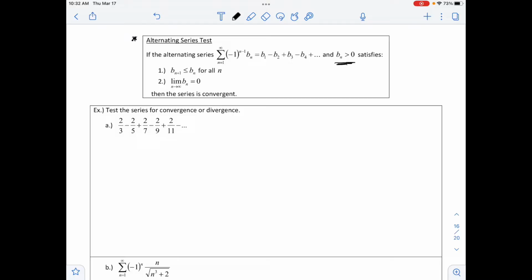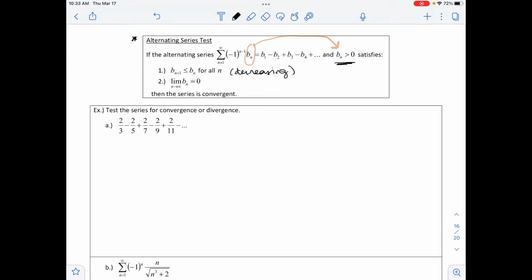Notice that b sub n does not include the -1 part. If b sub n satisfies the following conditions: 1, b sub n+1 is less than or equal to b sub n for all n, which means that it is decreasing.